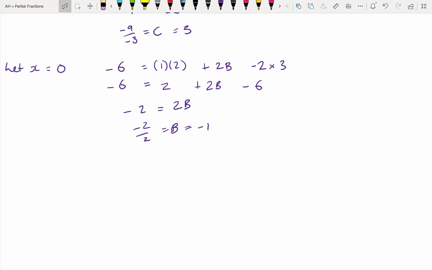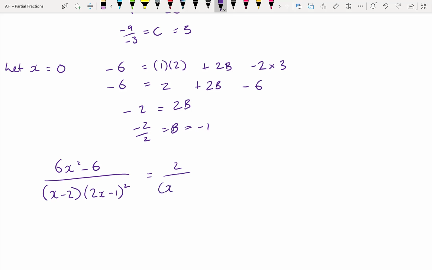And so what we can say there is that 6x squared minus 6 all over x minus 2 times 2x minus 1 squared was equal to 2 over x minus 2 plus, well, it's minus 1, isn't it? So let's not confuse our negatives, let's just keep it as minus 1 over 2x minus 1 plus 3 over 2x minus 1 squared.